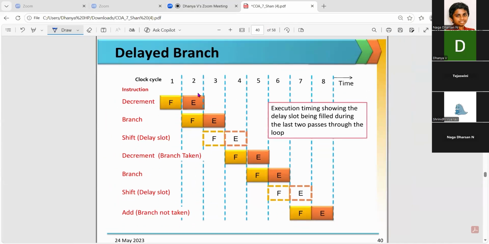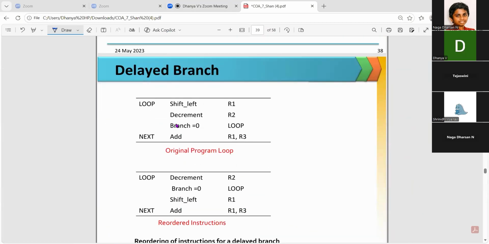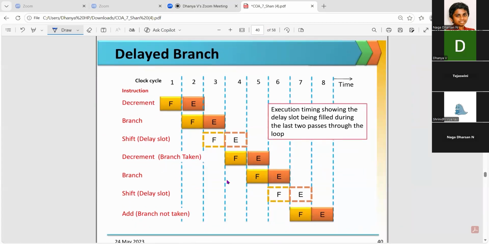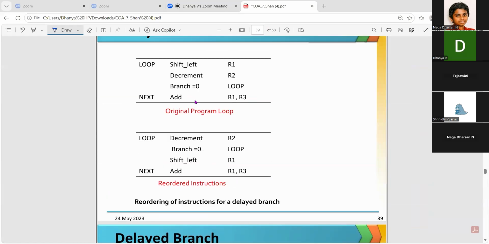So if you see here, first decrement, then branch, then shift. If we encounter a delay slot, then a branch is taken, which again goes back to the loop, and there is a shift. And when the delayed branch is not taken, it goes to the add statement.